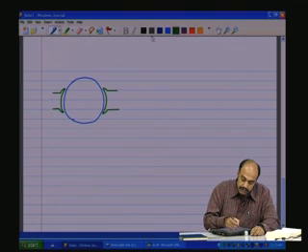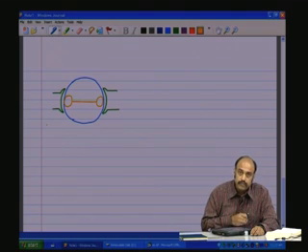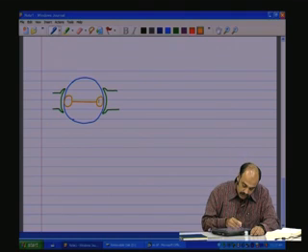Now imagine that inside the rotor, imagine there is an imaginary dumbbell. Okay, so one is the north pole and the other is the south pole.